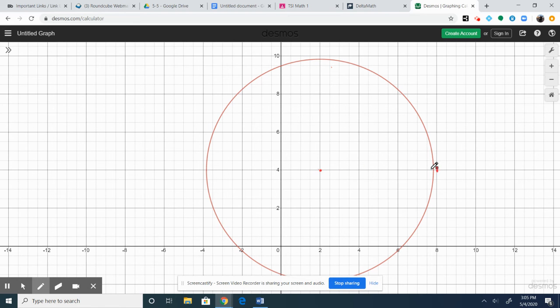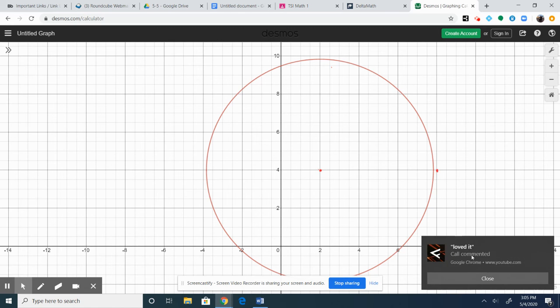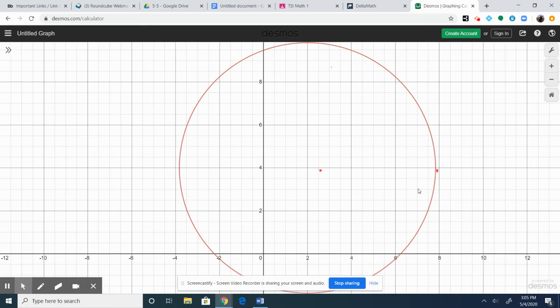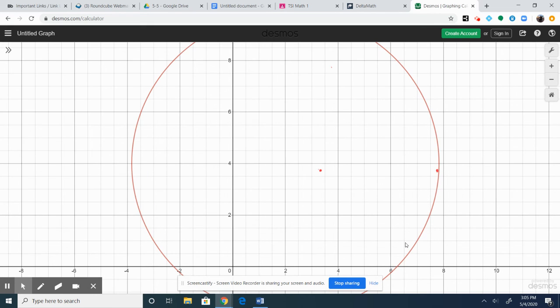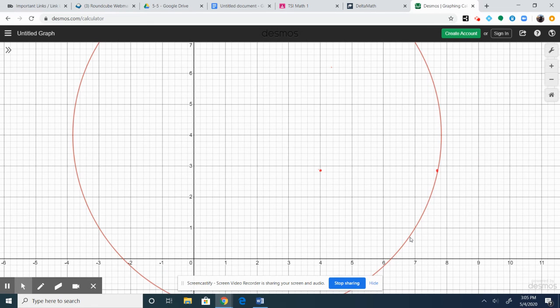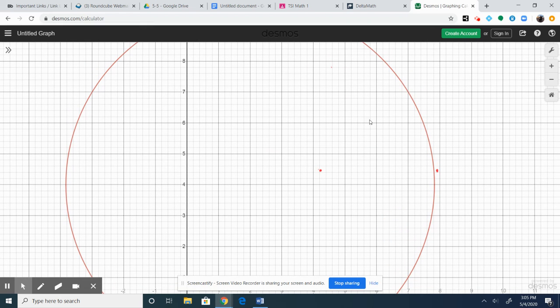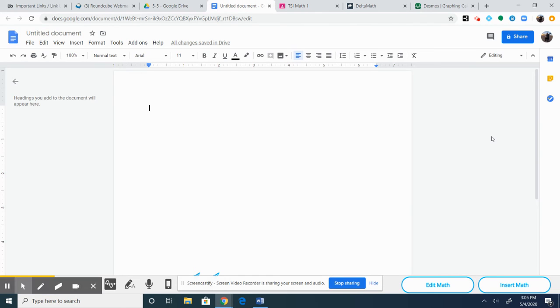So what we're going to do is choose a point on the circle in order to find the distance, and that is going to give us our radius. A point that we'd have is right here at 7 and 7. So let's go ahead and do that.